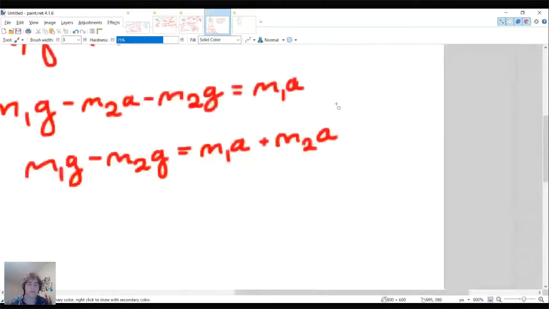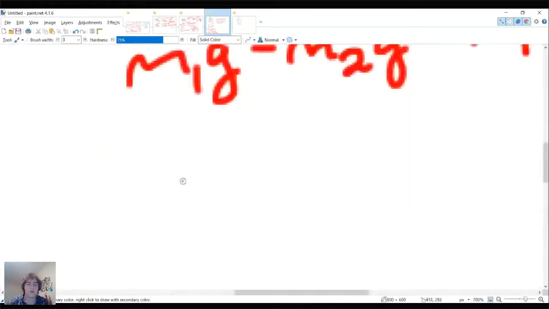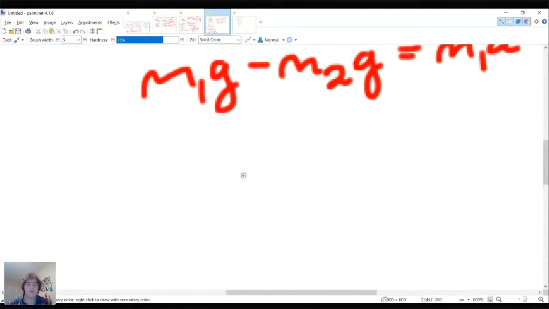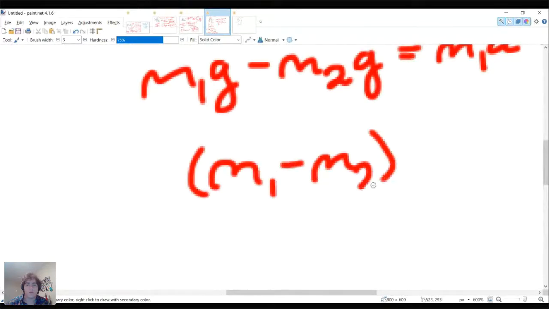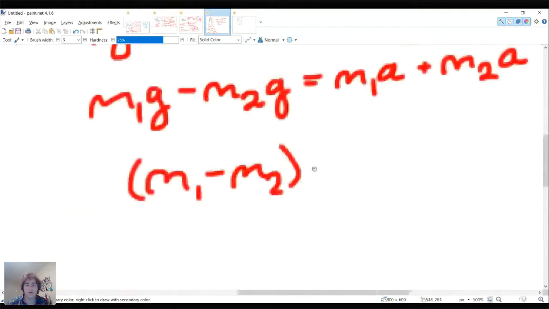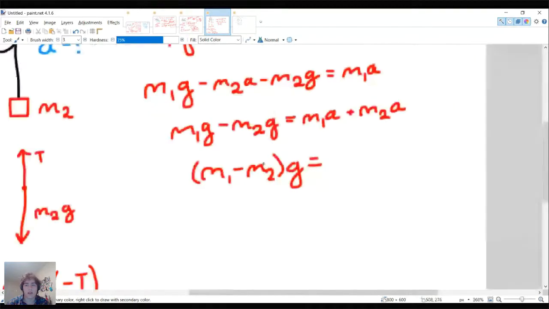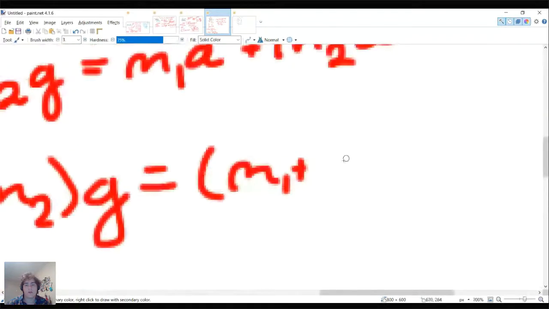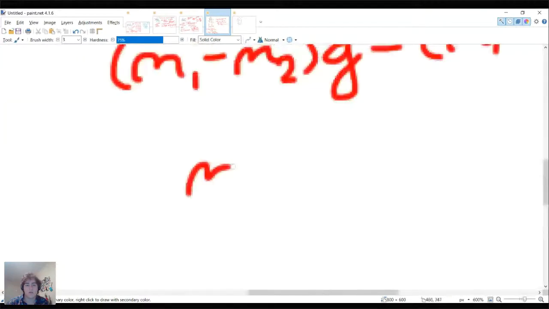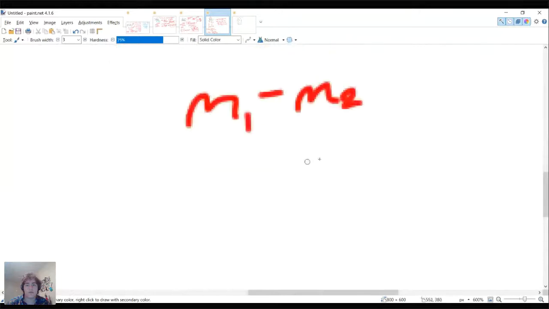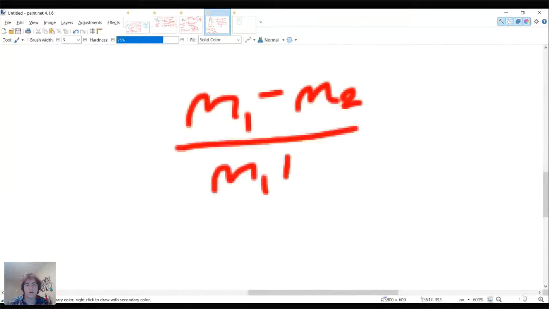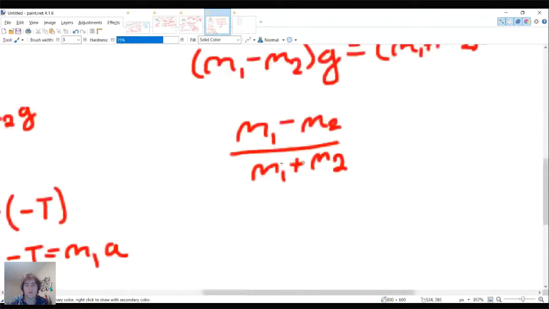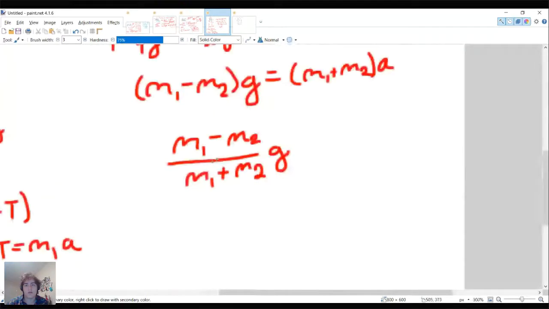We're going to factor out a G to make the algebra simpler. So (M1 minus M2)G is equal to, factoring out the A here, (M1 plus M2)A. And now we divide on both sides, and we get (M1 minus M2) over (M1 plus M2), multiplied by G, is equal to the acceleration of the system.